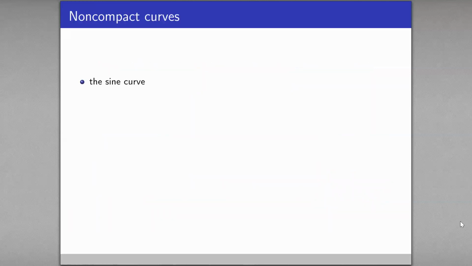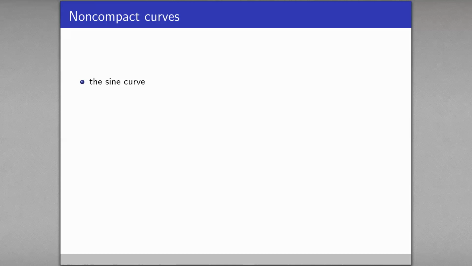Okay, finally, before the end of this first video, I want to talk about curves that are not defined on compact intervals. This allows many new things. The one thing is that if you have compact, then the image of compact is compact.